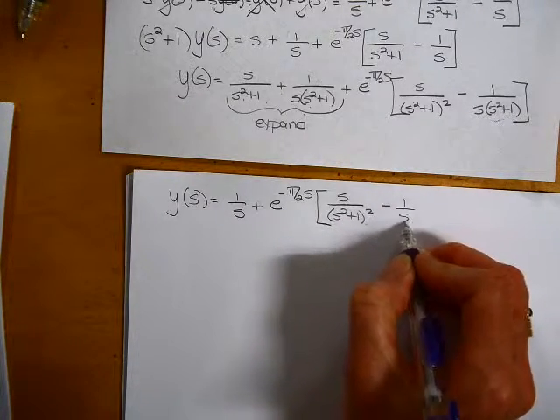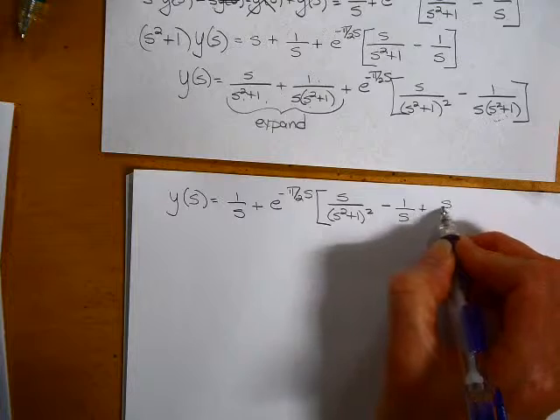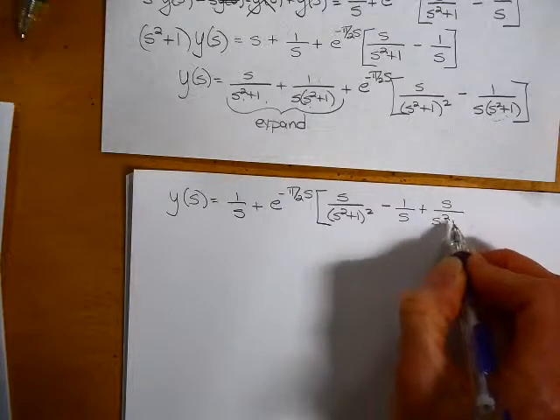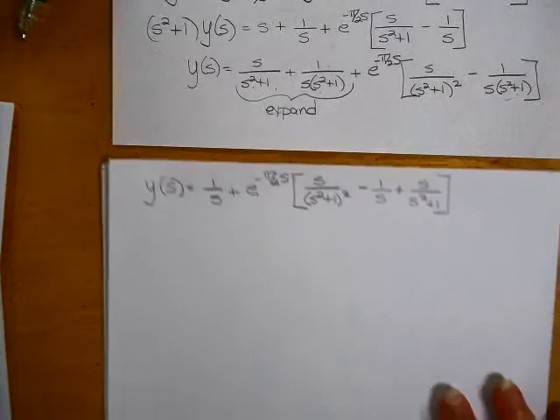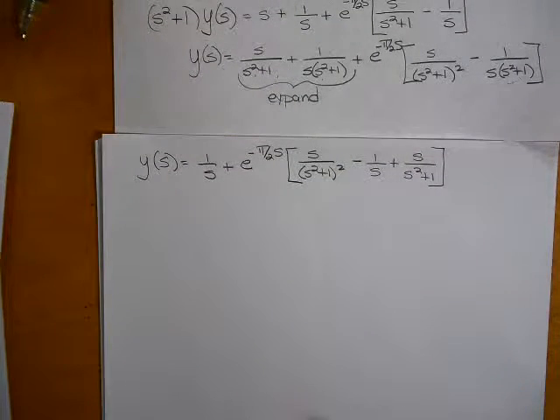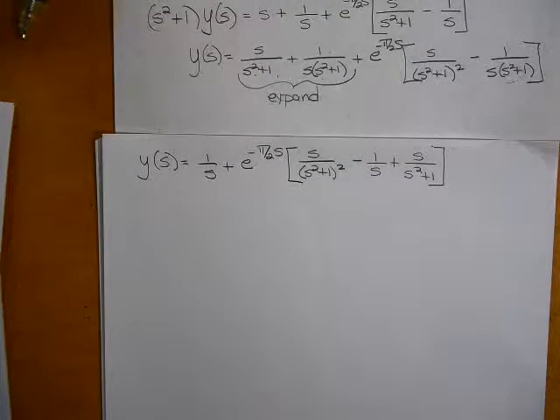I have minus 1 over s plus s over s squared plus 1. Does that look like something that you guys got? Yes? Okay.